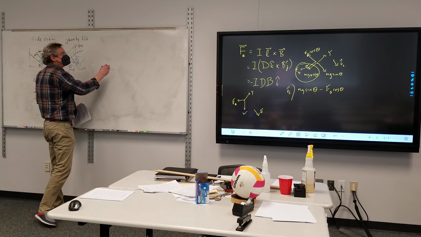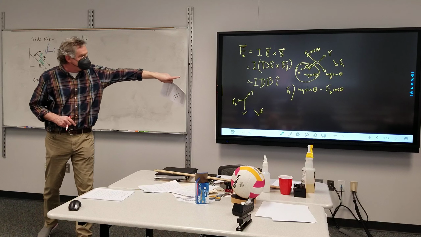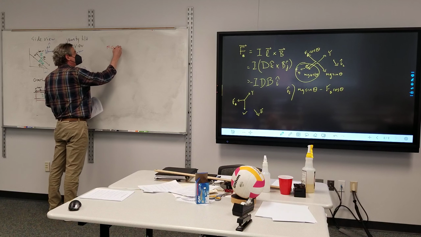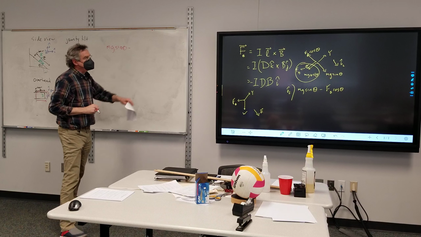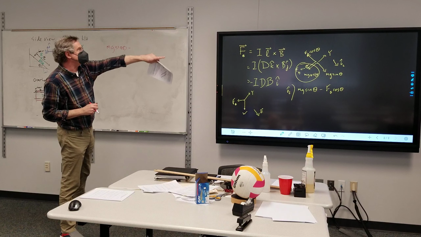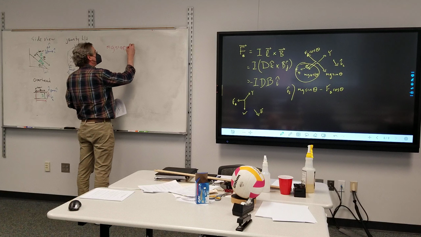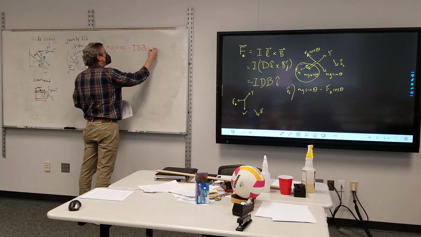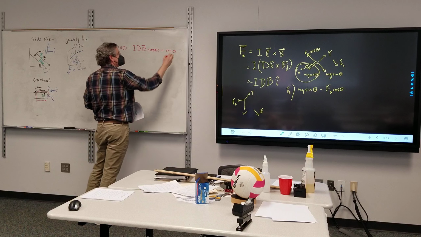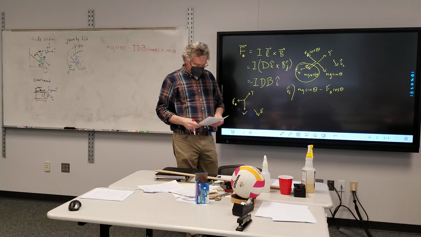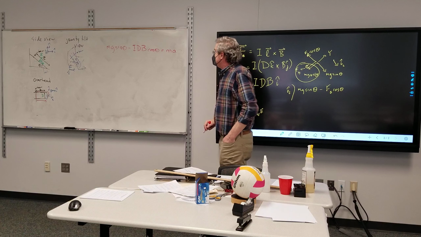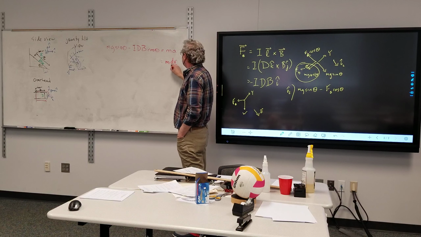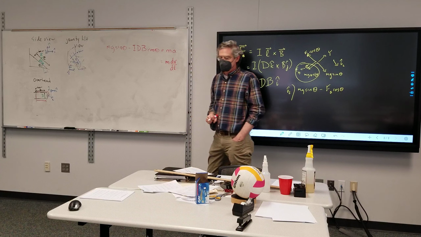So what we have here is the total force: mg sine theta minus FB cosine theta, and FB is IdV, cosine theta, is equal to mass times acceleration. Acceleration is dv/dt, because I'm trying to find v.